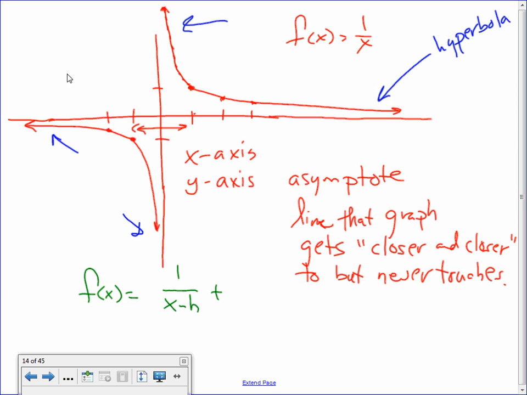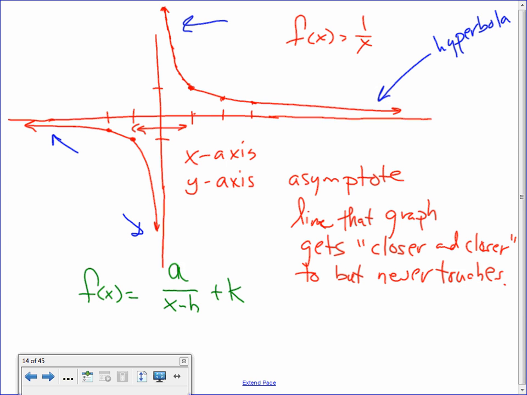If we put plus k, then this would shift the graph, see, that's after the function has been performed, up or down, and what would be the central feature there again would be the horizontal asymptote, which was at the moment the x-axis, but it would become another line. And then if we do a vertical stretch, we would multiply by a, so a would be our vertical stretch on the graph.